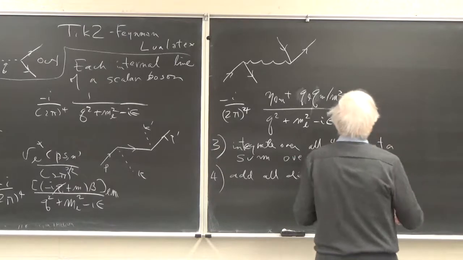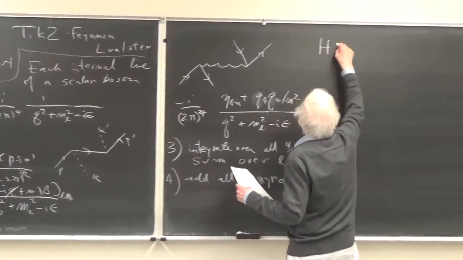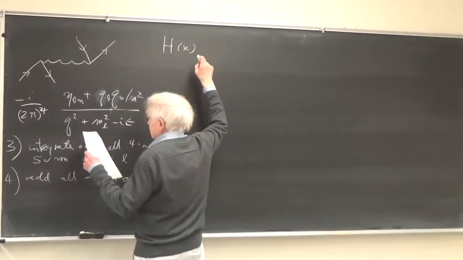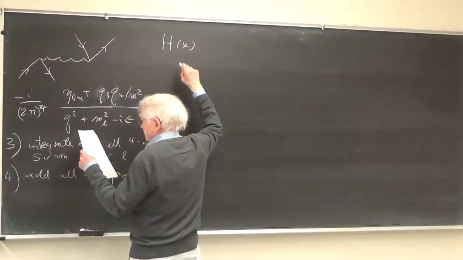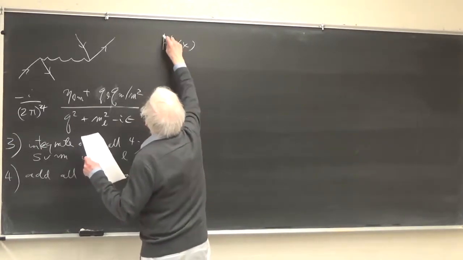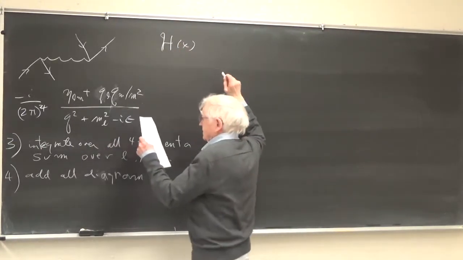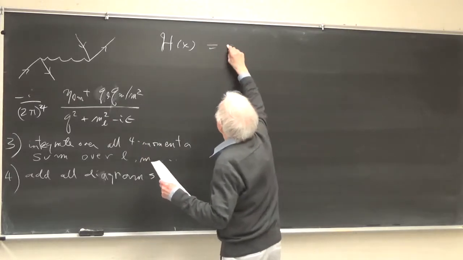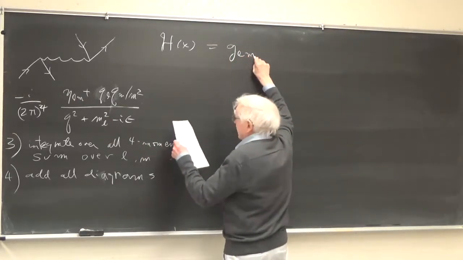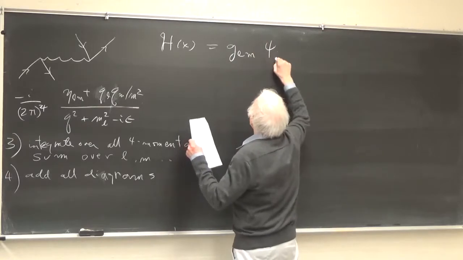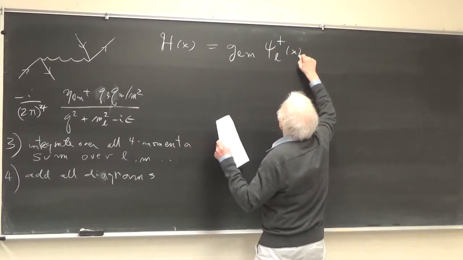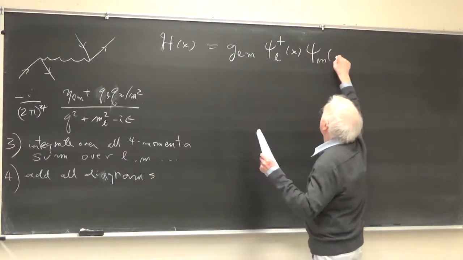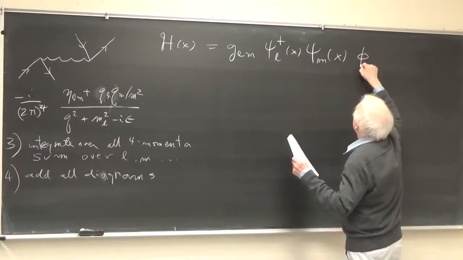So let's see how this happens for a Hamiltonian density of interaction. So let me just write it like that. And I'm calling it g_lm ψ_l dagger of x ψ_m of x φ of x.